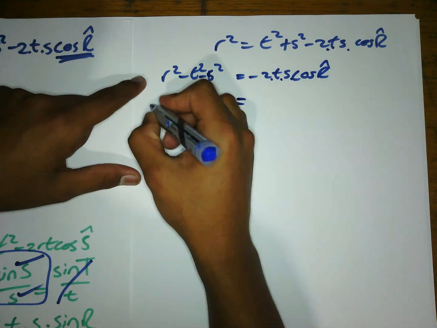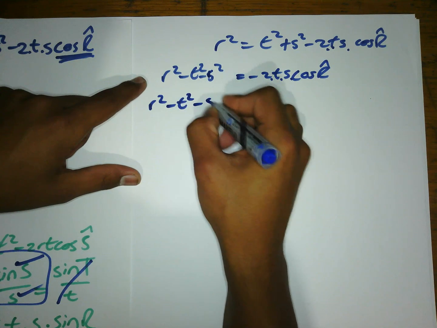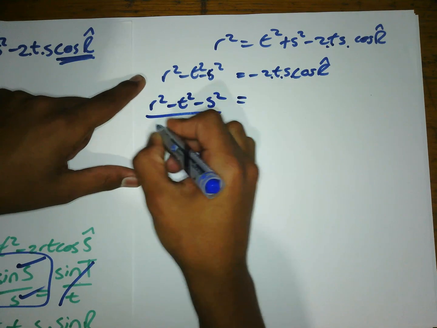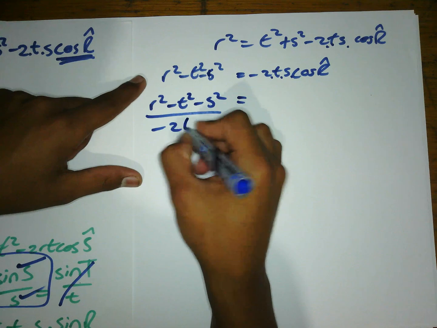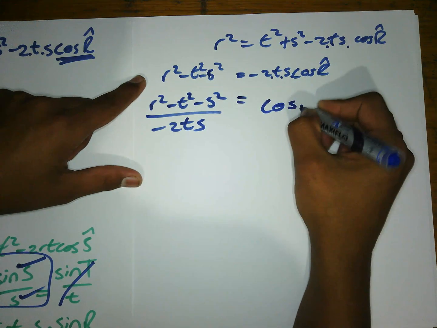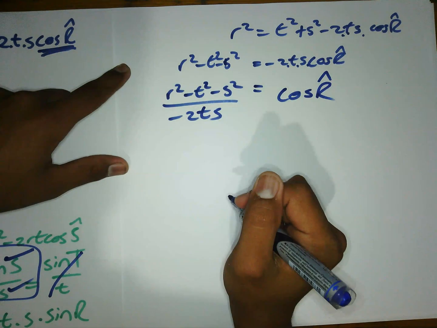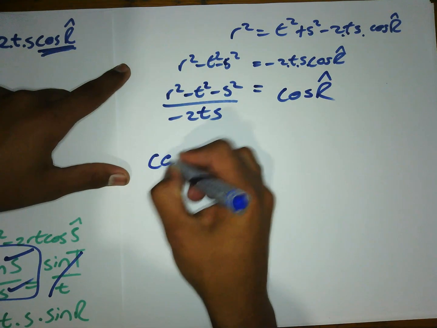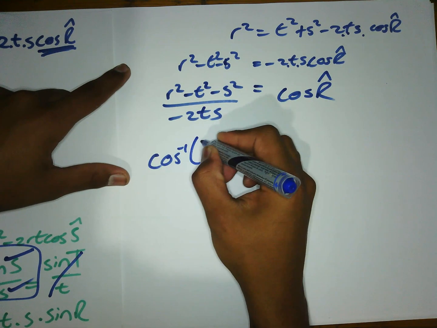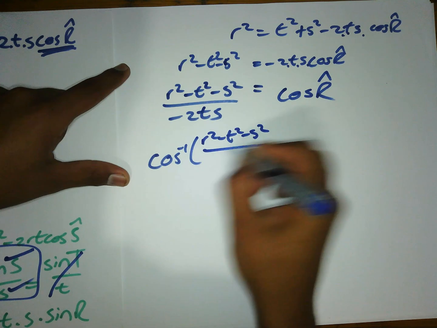Then I would say r squared minus t squared minus s squared over negative 2ts equals cos r. So the next thing I would do is cos second function of r squared minus t squared minus s squared.